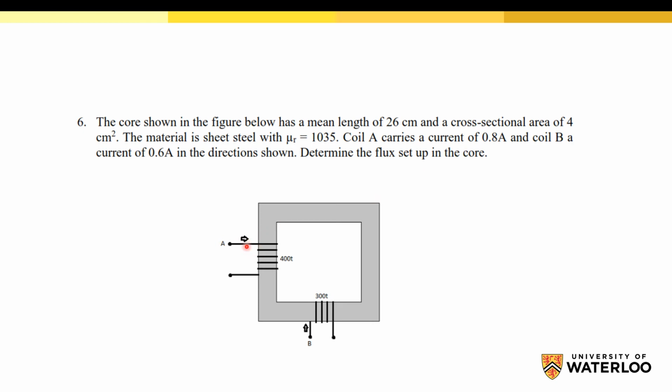This is coil A. Coil B carries a current of 0.6 amp. This is coil B. And we know the number of turns here, 400 turns, and here 300 turns. Now determine the flux set up in the core.